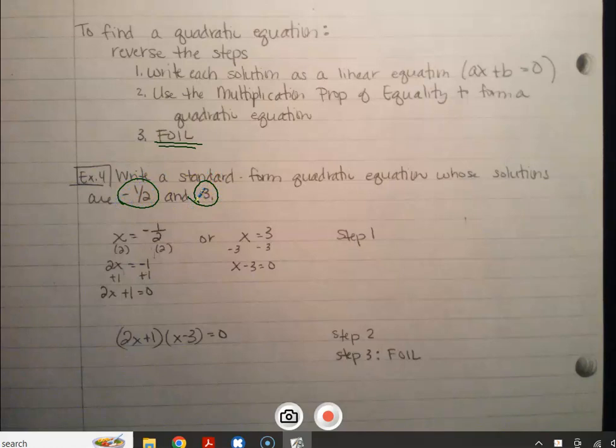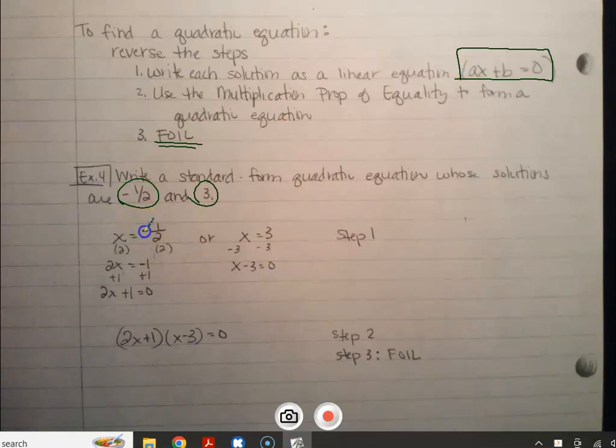So step 1 says write each solution as a linear equation. To do that, I have x equals -1/2 or x equals 3. Now what I need to get it into is the linear equation form, ax plus b equals 0, which means I have to undo what was being done.